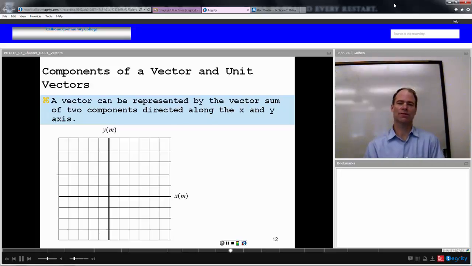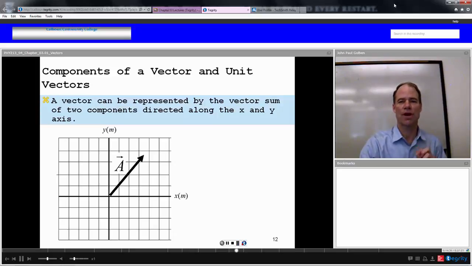So we know a vector can be a sum of other vectors, and in particular we want to treat a vector as a sum of component vectors. For instance, let's take a look at this on a two-dimensional level. Here's my x and y Cartesian coordinate system. I have a vector A like this.